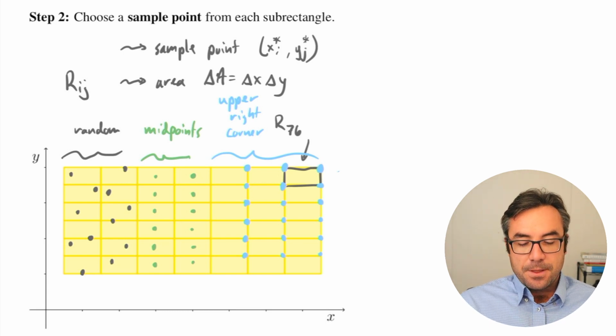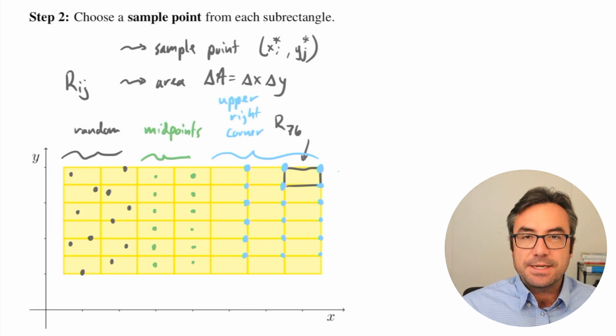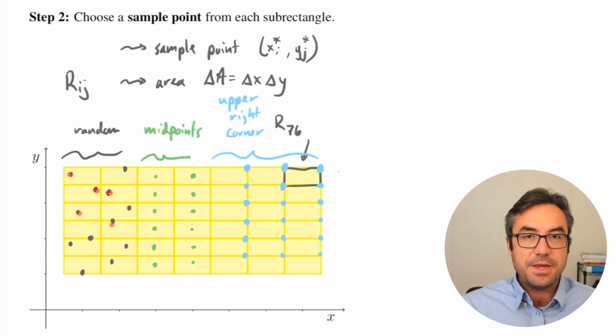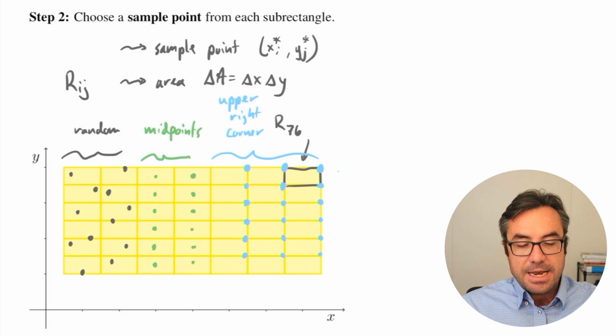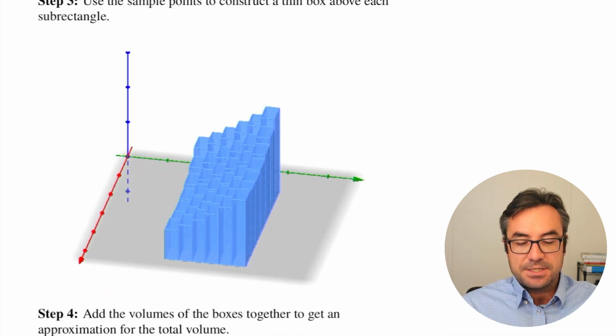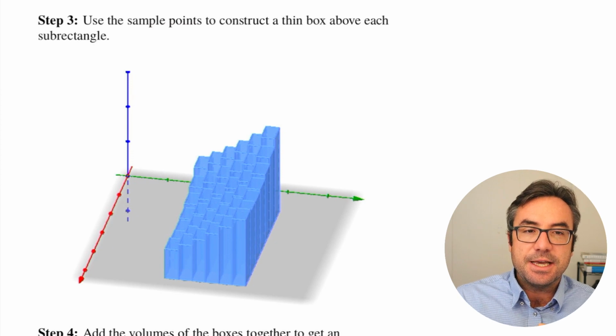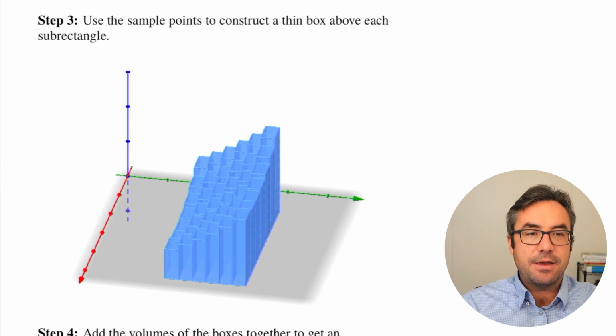All right, so we've gone through, we've sliced up our rectangle into a whole bunch of little pieces. We've picked a sample point from each little rectangle. And now what we're going to do in step 3 is we're going to use that sample point to get the height of a three-dimensional box.